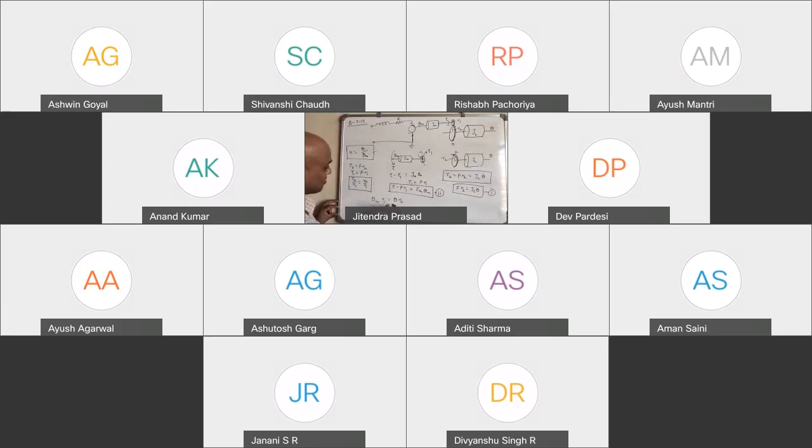And what you get from here is theta over theta m equal to r1 over r2, right?